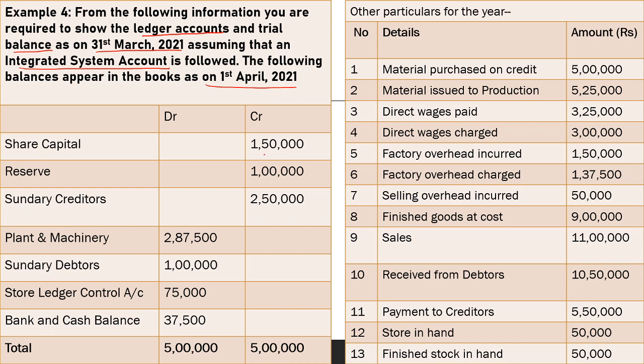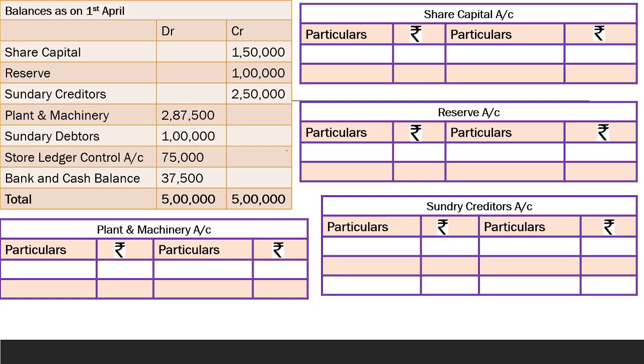So our first opening balance is share capital account, which is credit side 1,50,000. So on credit side we write by balance brought down 1,50,000. Our next balance is also credit balance, reserves 1 lakh rupees.